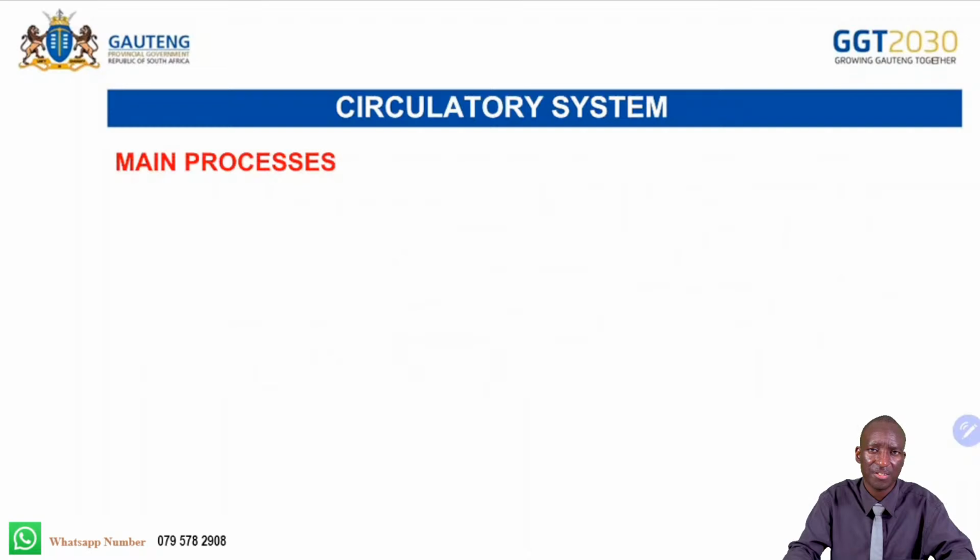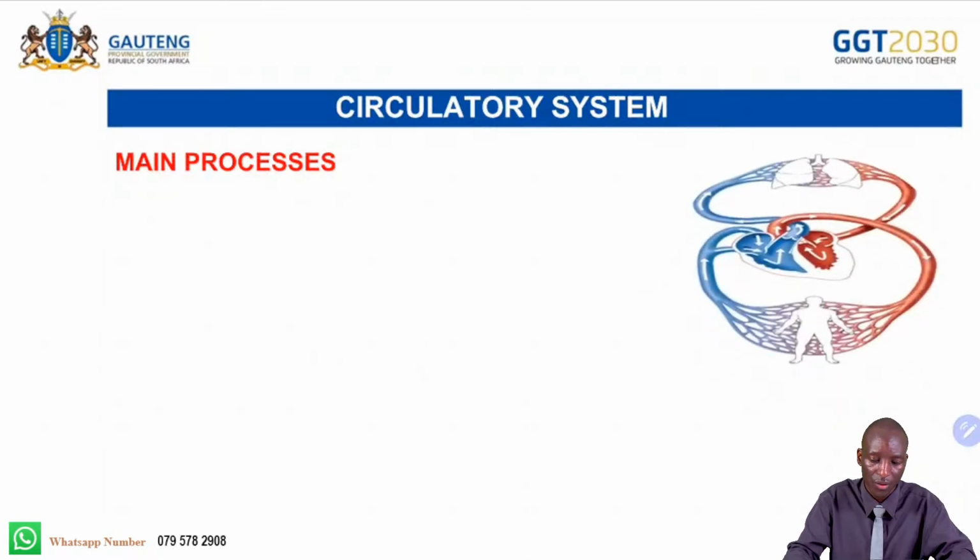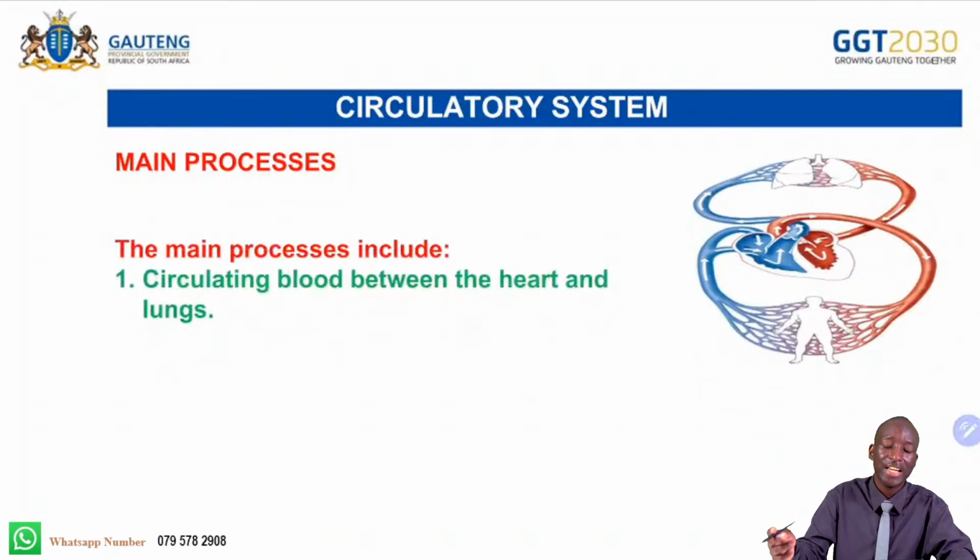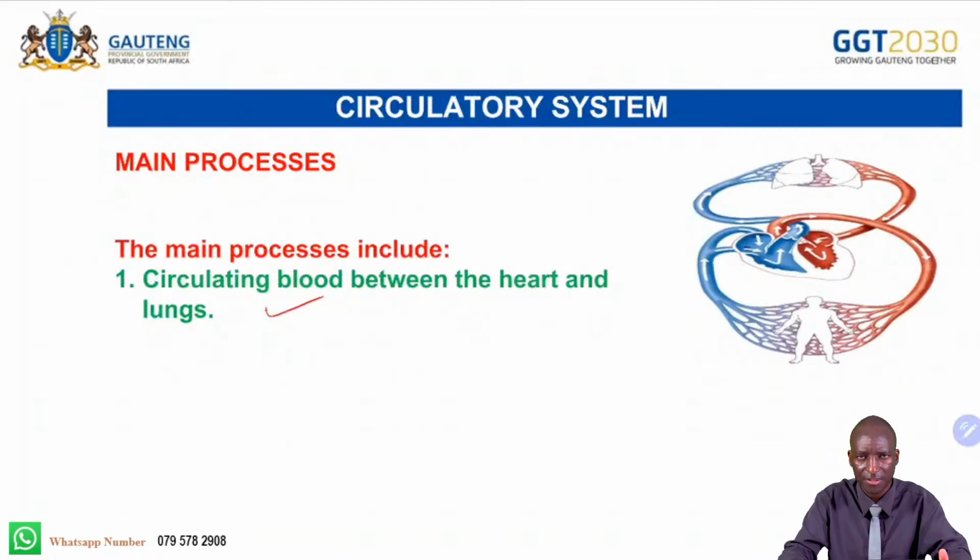What main processes take place in the circulatory system? The main processes include, one, circulating blood between the heart and the lungs. Remember that this system has to do with the heart and also the lungs. These are the two main organs involved in this system.